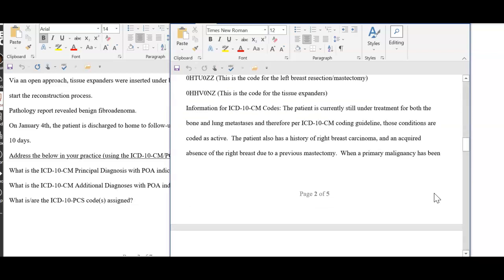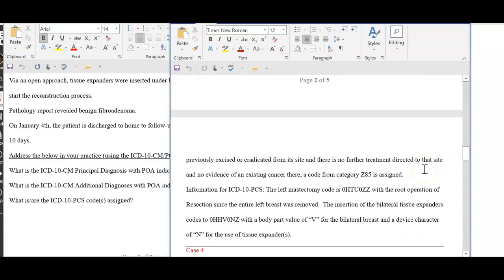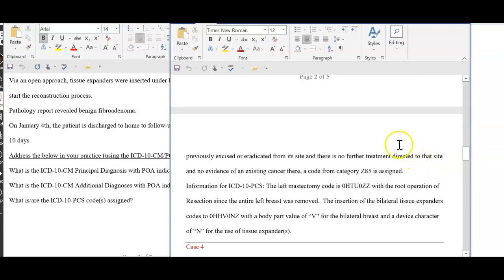mastectomy. So when a primary malignancy has been excised or eradicated from its site, there's no further treatment directed to that site. There's no more evidence of an existing cancer there. That's when we go to the Z85 code. So keep that in mind. And at that point, you can also add in the absence code.